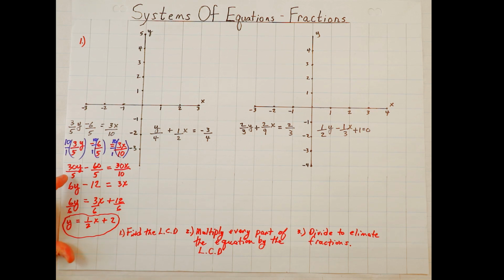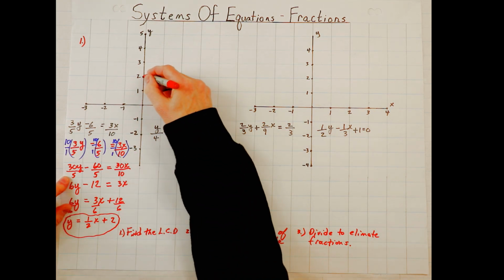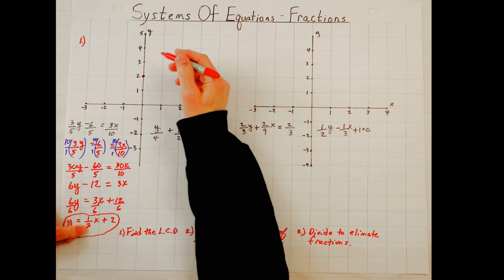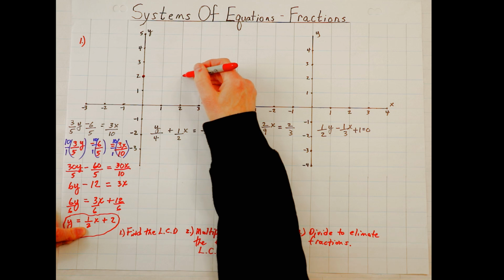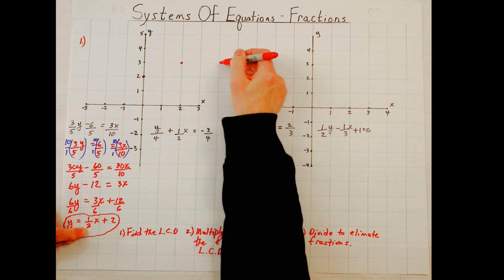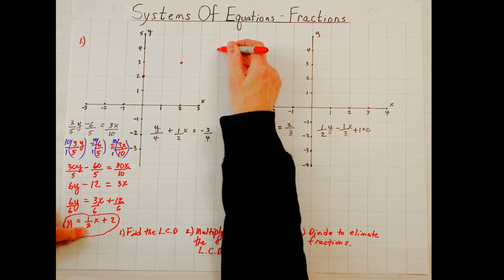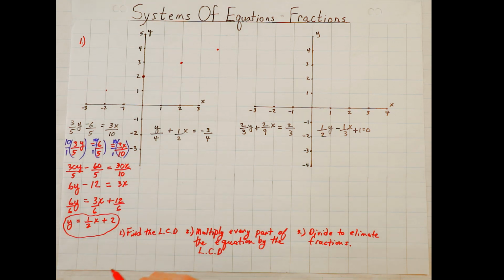Okay, let's put that on our graph. So we have a y-intercept of 2. The slope is right 2 and up 1. Right 2, that's the run. The rise is up 1. Right 2, up 1. And I can go back this way if I want to. Okay.